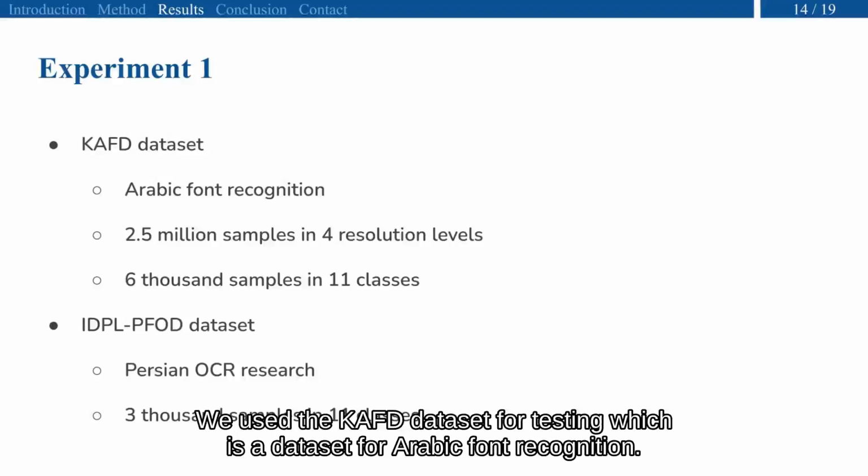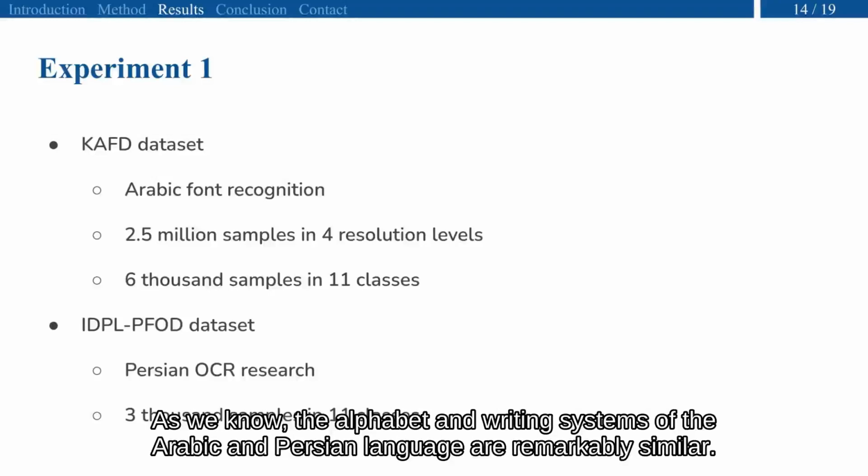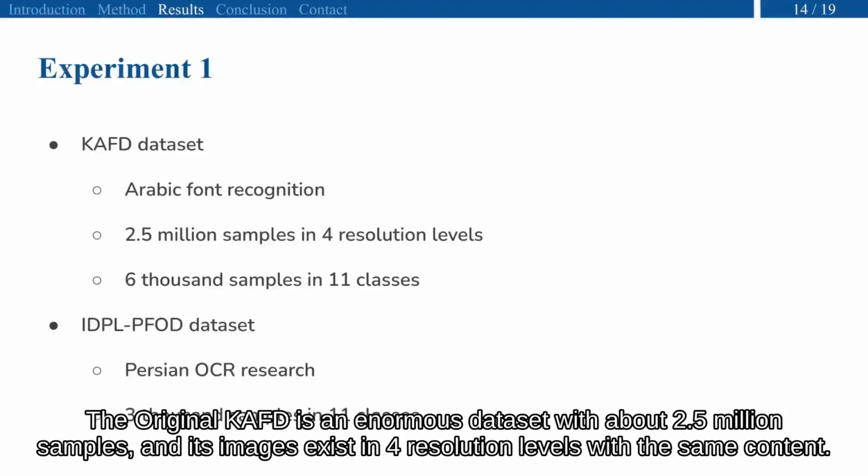We use the KAFT dataset for testing, which is the dataset for Arabic font recognition. As we know, the alphabet and writing systems of the Arabic and Persian languages are remarkably similar. The original KAFT is an enormous dataset with about 2.5 million samples, and its images exist in 4 resolution levels with the same content.